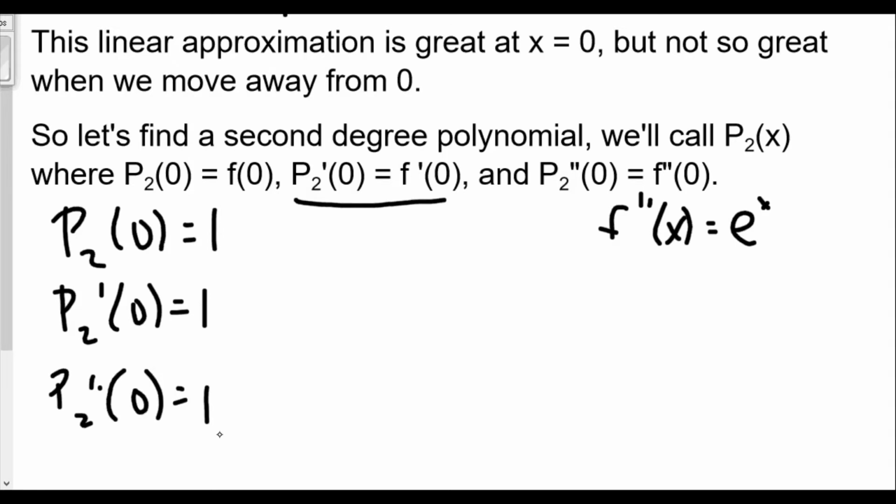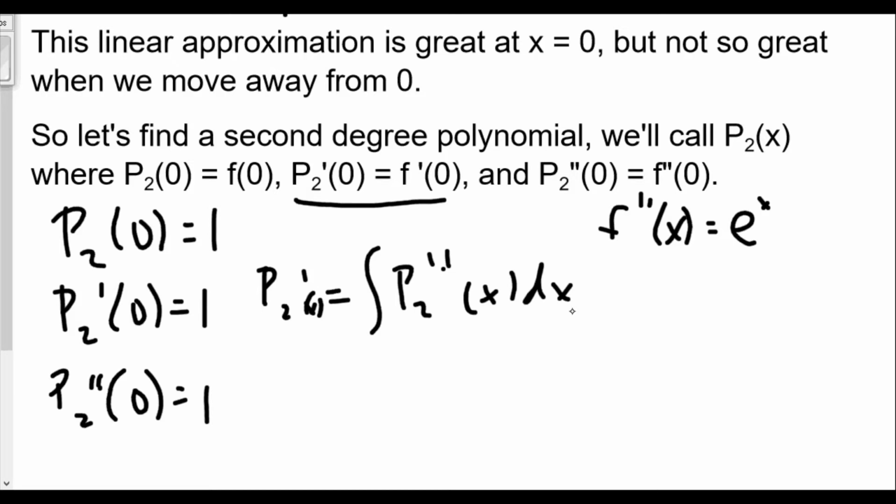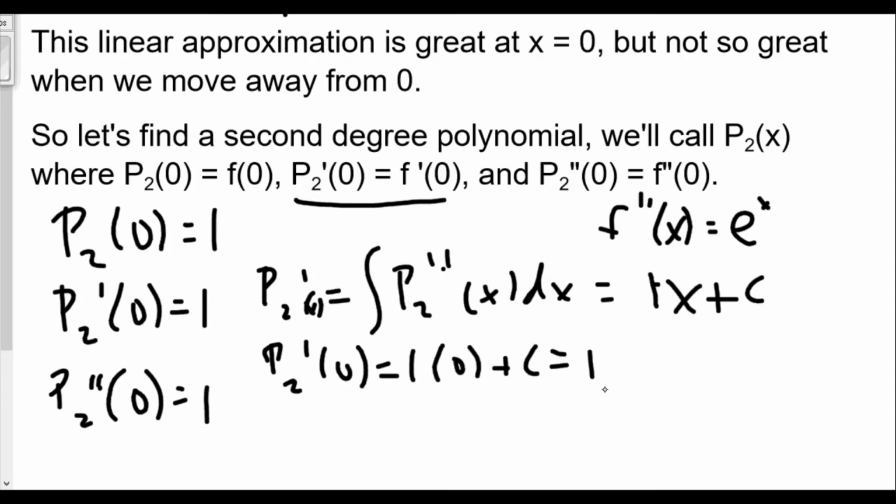Now we work this out. p2 prime is the integral of p2 double prime of x dx, which is 1x plus c. p2 prime at 0 is 1 times 0 plus c, which equals 1, so c equals 1. Therefore p2 prime of x is 1x plus 1.